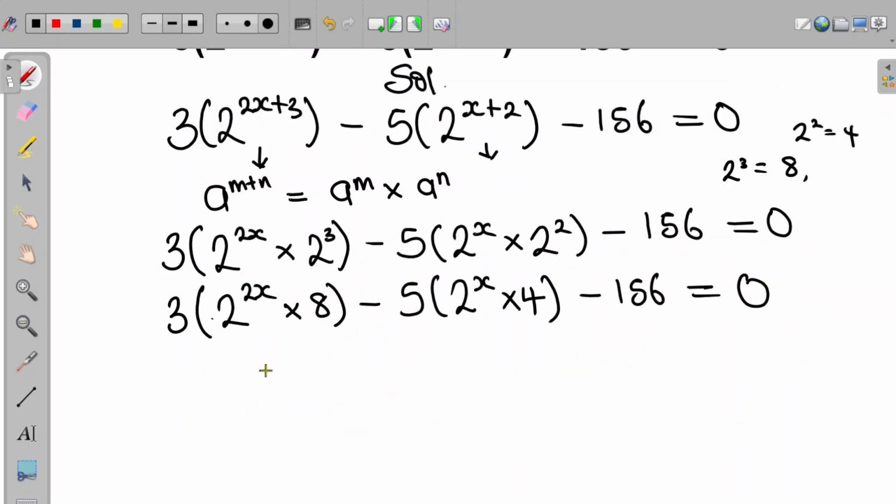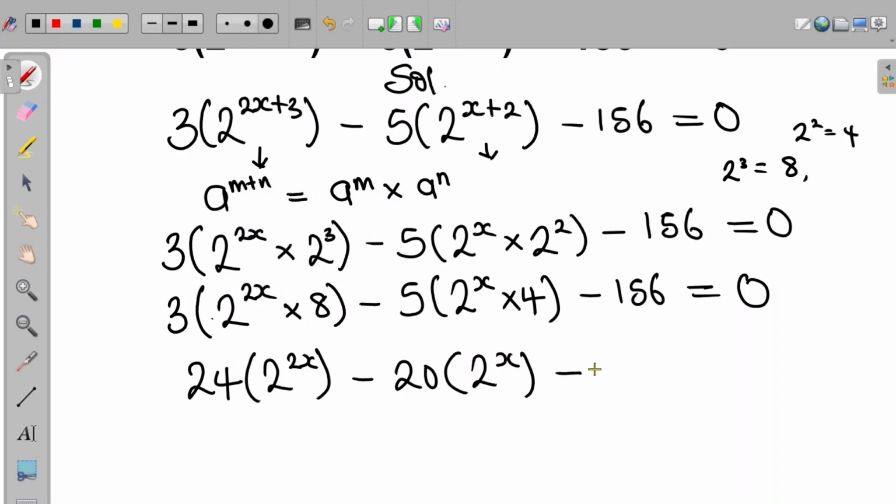So the left-hand side now becomes 24 multiplied by 2 to the power of 2x, minus 20 multiplied by 2 to the power of x, minus 156 equals 0.